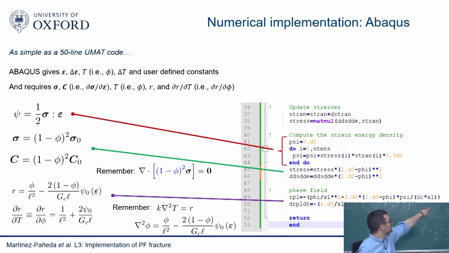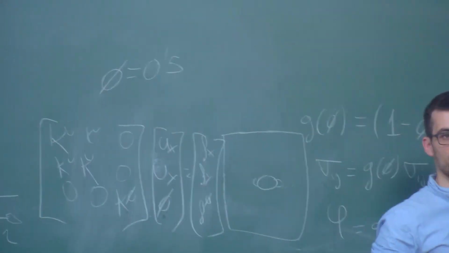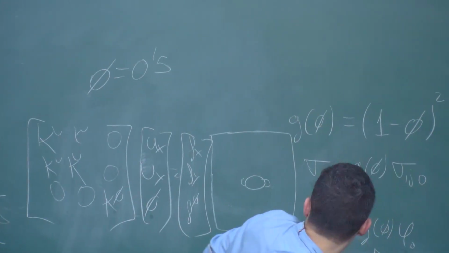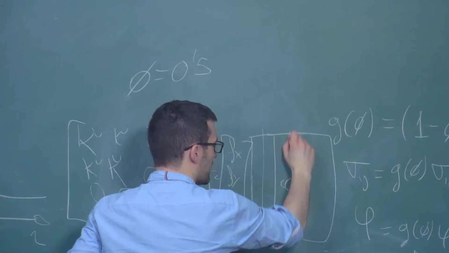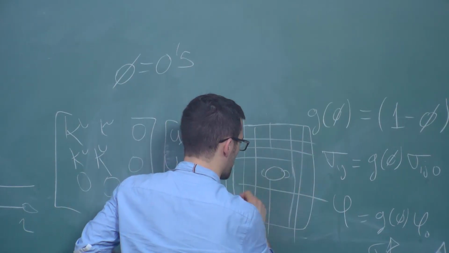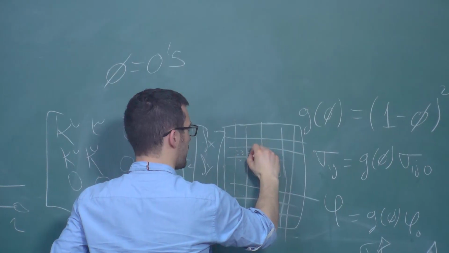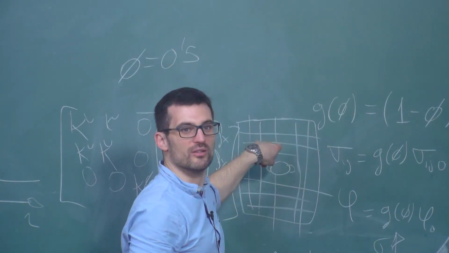Abaqus is calling this code at every integration point. This will be discretized with many elements, and each of these elements will have integration points. For every point, Abaqus is calling this code.